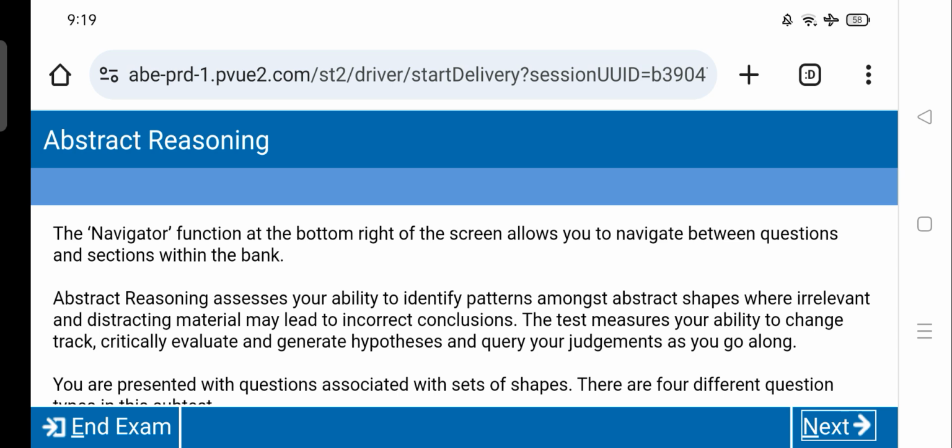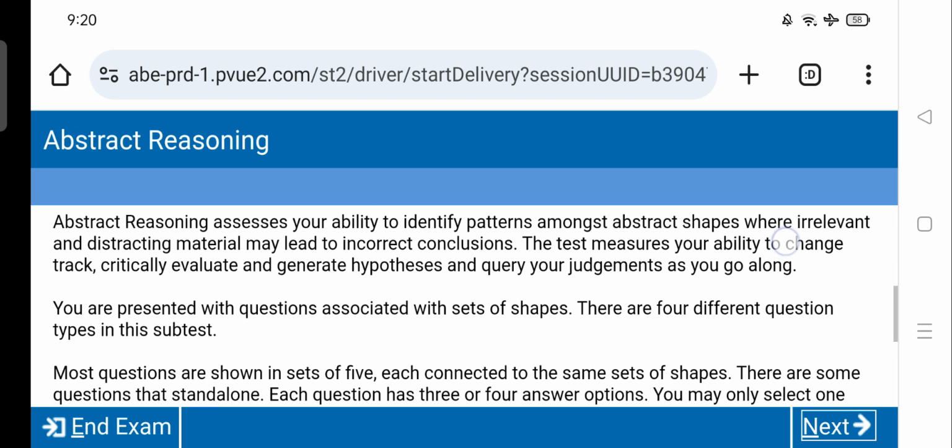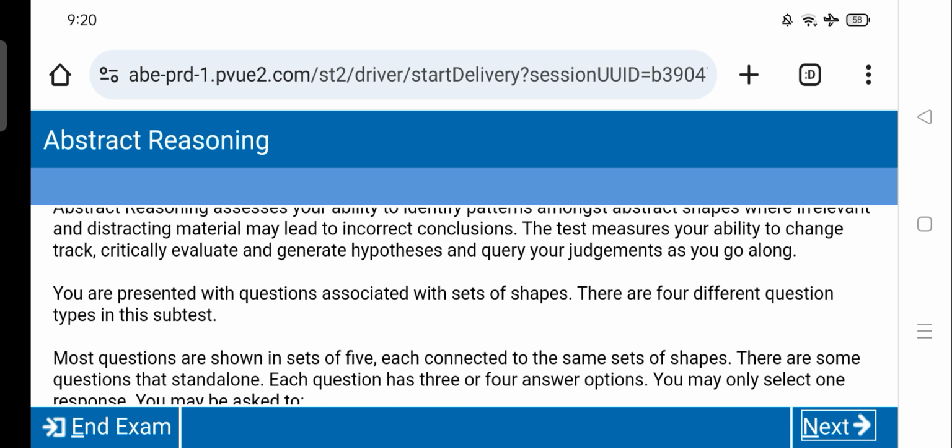The test measures your ability to change track, critically evaluate and generate hypotheses, and query your judgments as you go along. So you are presented with questions associated with sets of shapes.